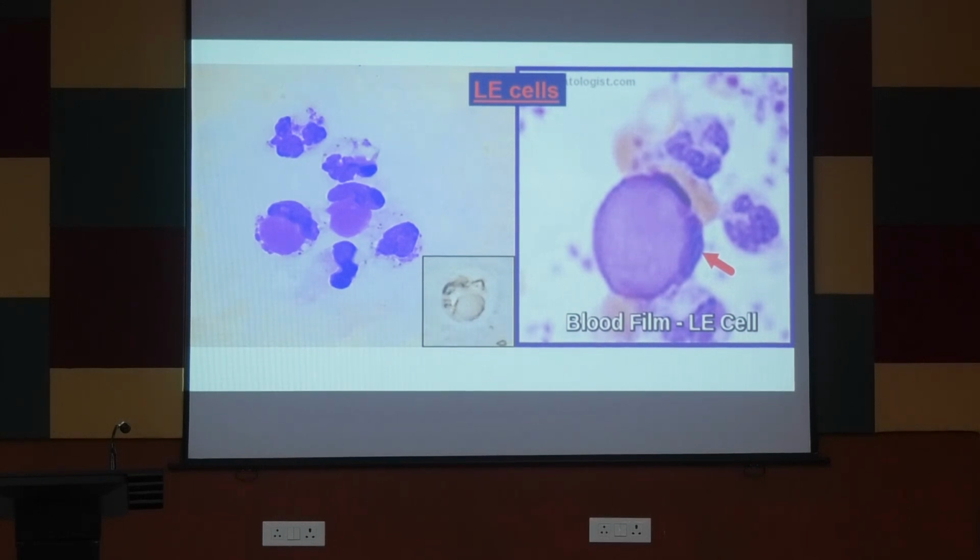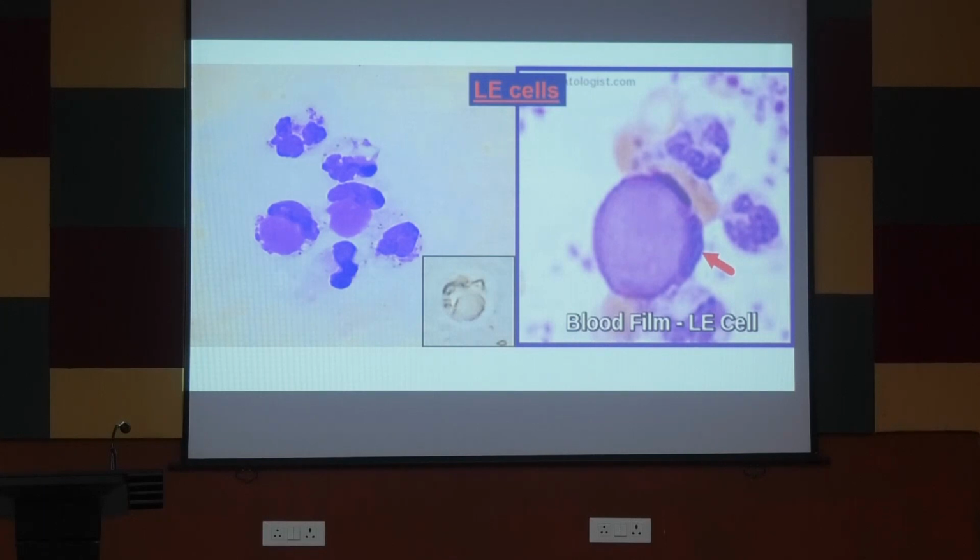If we see the LE cell preparation, you can easily see it under the microscope. They identify the LE cell from the buffy coat, before the immunofluorescence test or other molecular analysis.